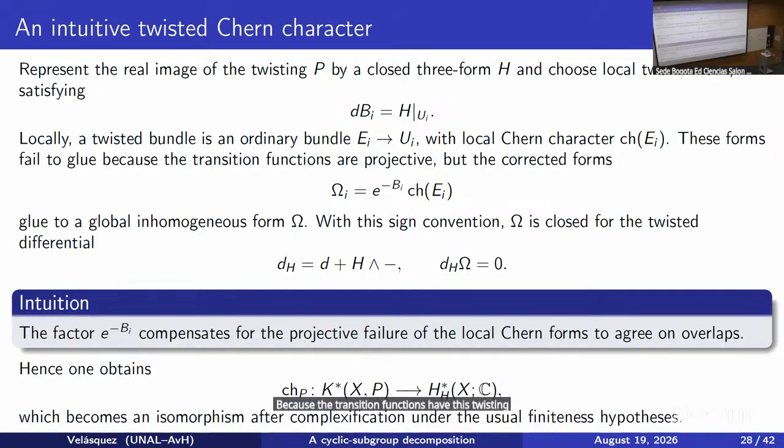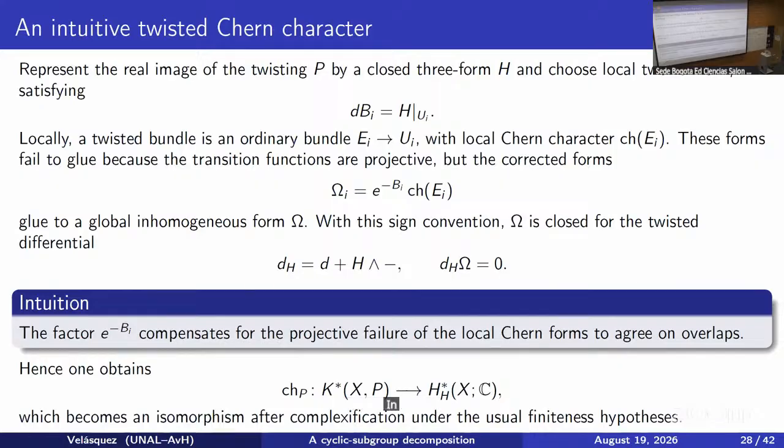Then we need to multiply by an exponential factor that corrects this error. Then we can glue these local forms into an inhomogeneous differential form.